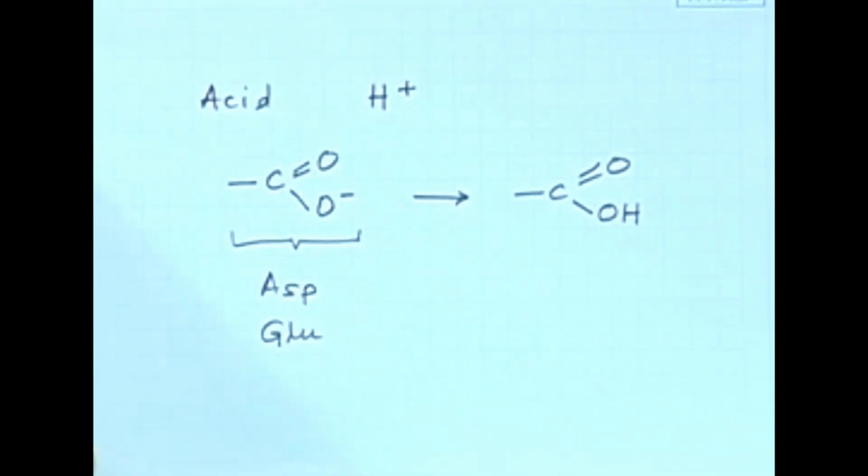Now, if this aspartic acid or glutamic acid happen to be involved in an ionic interaction with, say, lysine, what would then happen? It would disrupt the ionic interaction, right? We are adding acid to our protein.